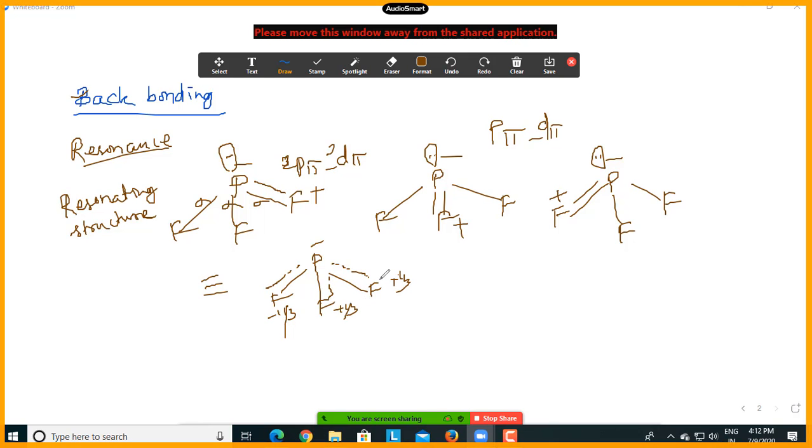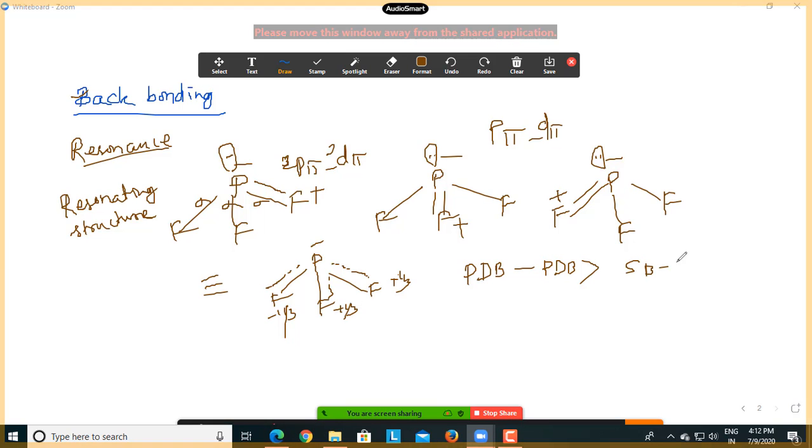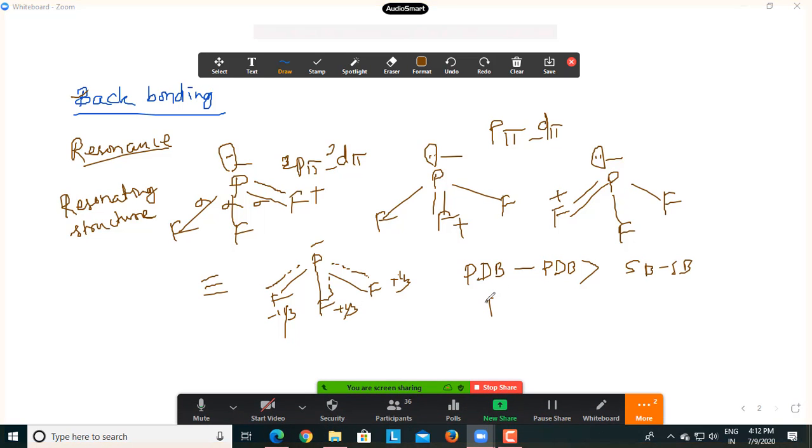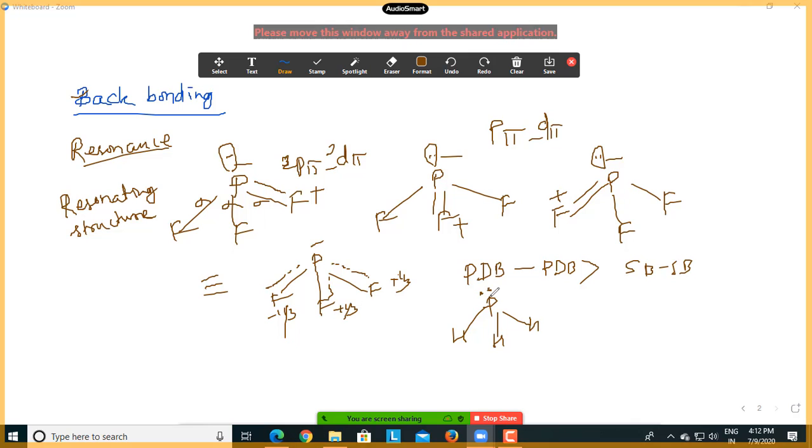So in PH3 you will get single bond repulsion. Why is back bonding not possible in PH3? Because it has a lone pair, but hydrogen doesn't have any vacant p, s or d orbital. Hydrogen is not having a vacant orbital in its valence shell, so it cannot do back bonding. It would want to give electrons but there is nobody to take them, so how will back bonding happen? So for back bonding there must be a lone pair and vacant p and d orbitals. If this is there, then back bonding will happen.